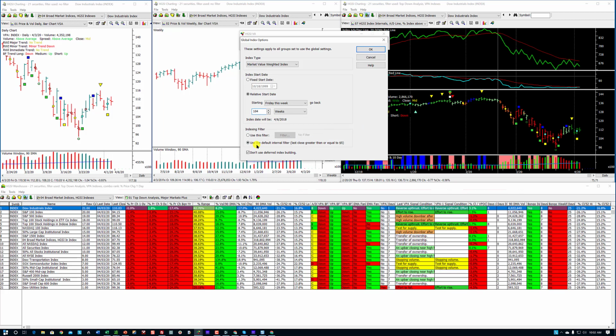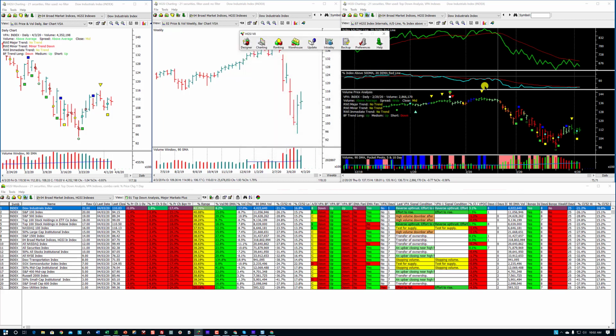Just use the default internal filter. Don't use deferred index building. Then change it and say OK, and it'll go ahead and update all your indexes. I'm just going to cancel this because I don't want to update my indexes since they're already current.